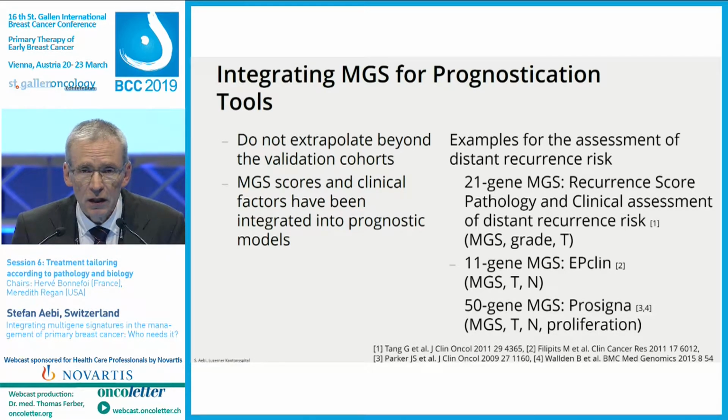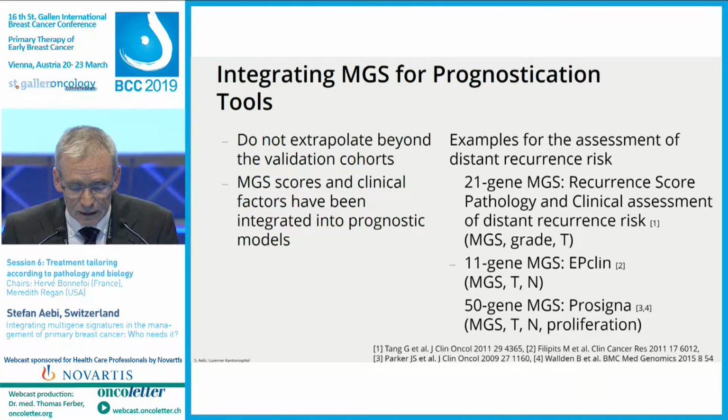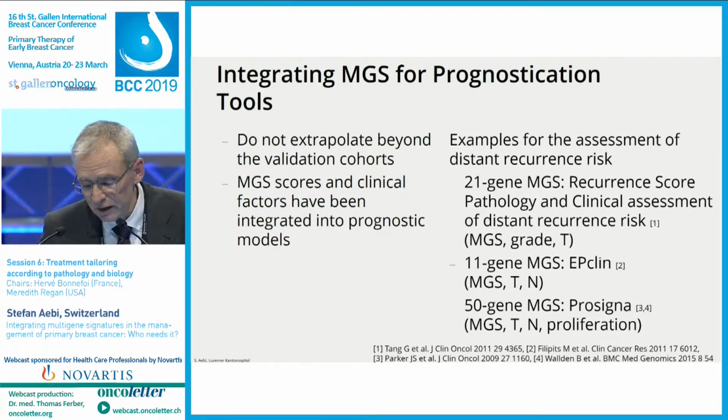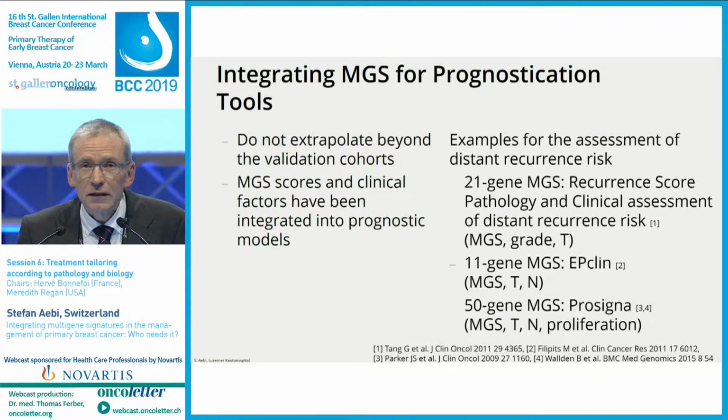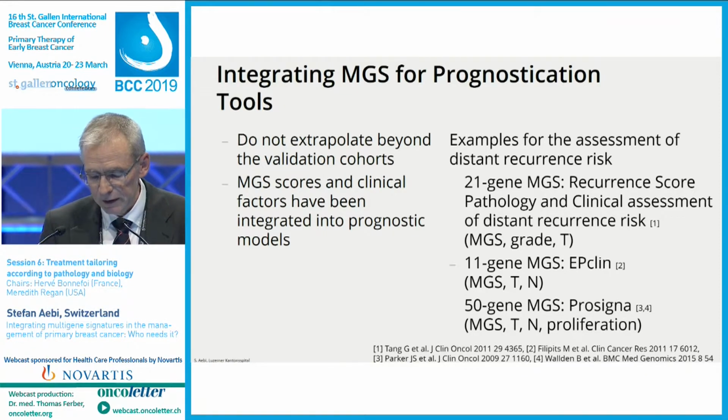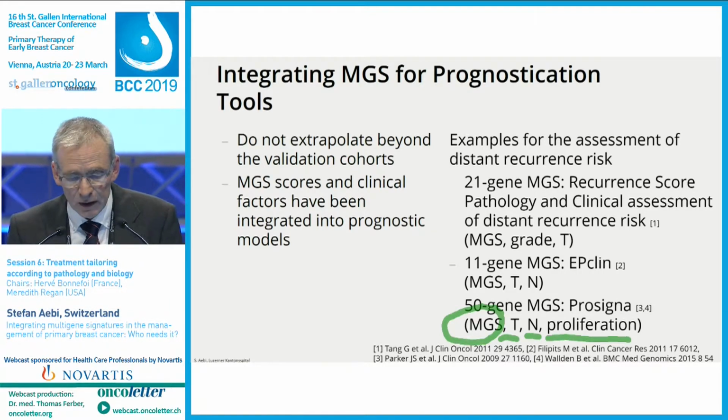This score is available on the website of the manufacturer of the Oncotype DX score. EndoPredict, the 11-gene score, has integrated clinical information to create a score by the name of EPclin. This too improves prognostication, and similarly, the Prosigna test integrates the molecular score plus T plus N and proliferation.